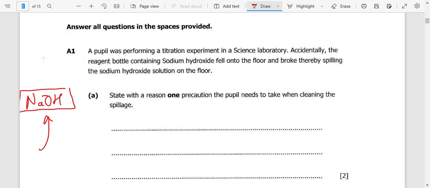The people must wear safety gloves. Why? So when you're handling sodium hydroxide, this is a base just like acids. This is harmful.